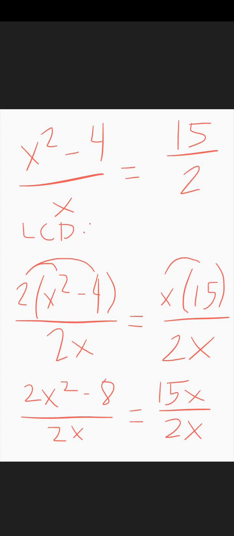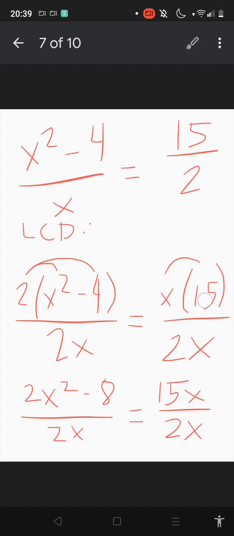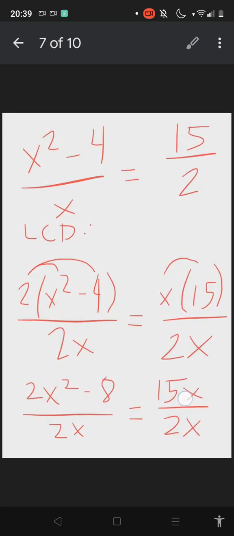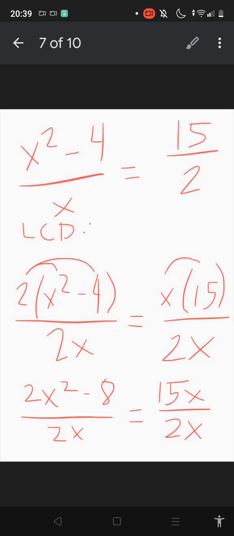That leaves us with (2x squared minus 8) over 2x. On the other side, we do the same: we multiply x to the inside of the parenthesis, which is 15. So x times 15 is 15x, and copy the denominator. That leaves us with 15x over 2x.